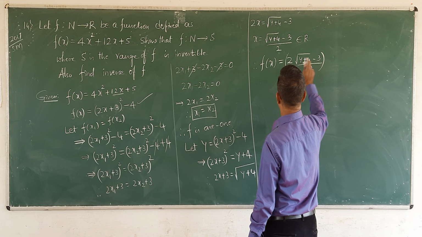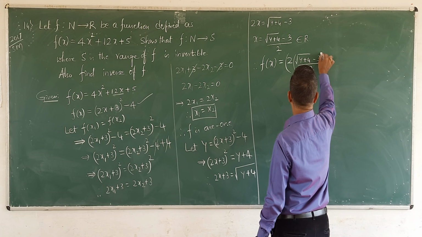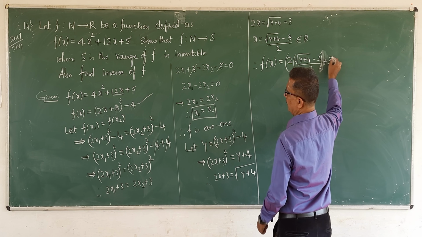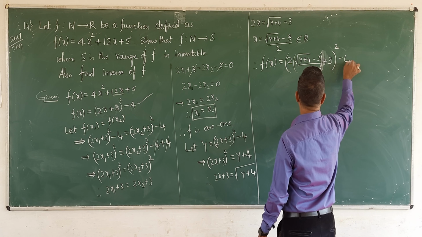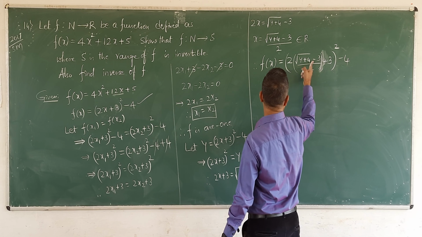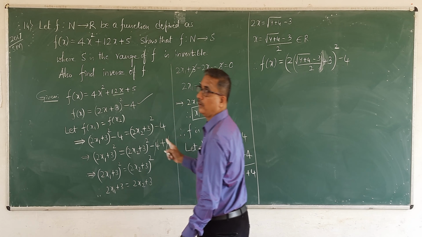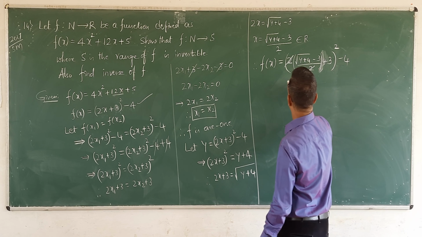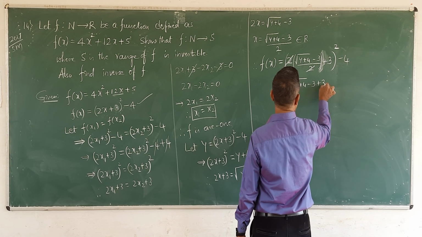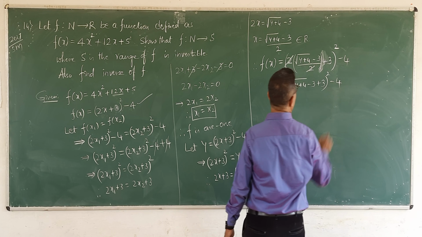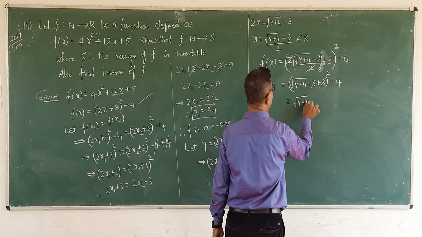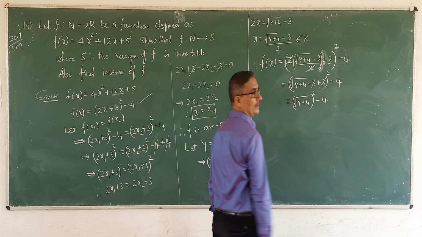So 2x plus 3 whole power 2 minus 4, becomes 2 into that x value, plus 3, whole power 2 minus 4. Simplify, 2 cancels: (root y plus 4 minus 3 plus 3) whole power 2 minus 4. Plus 3 minus 3 cancel, (root of y plus 4) whole power 2 minus 4.